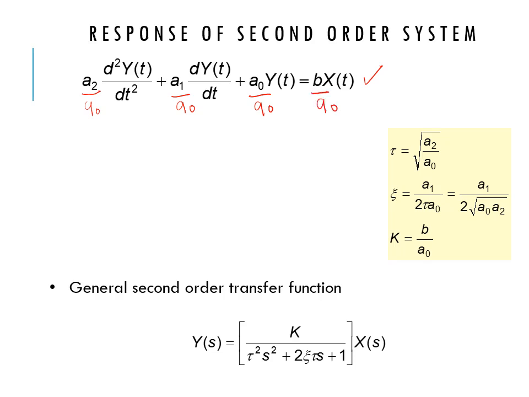Then you replace this with the characteristic time tau, and lambda is the new term that has been introduced into the second order differential system, and k is the gain at the steady state. So for k, you place here k x(t). This one you only get y(t).